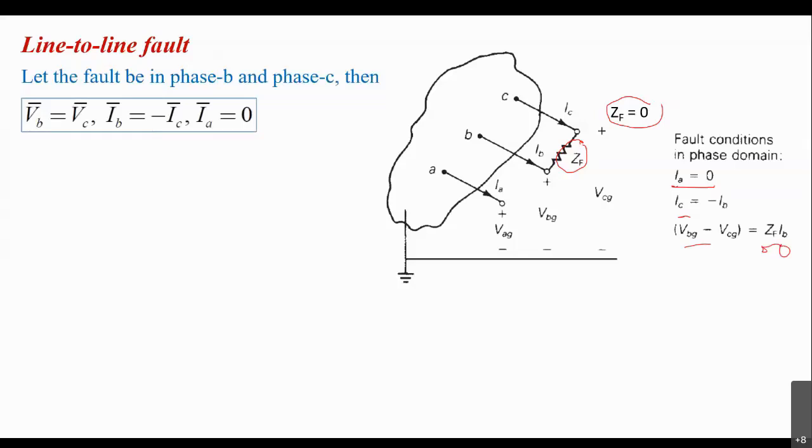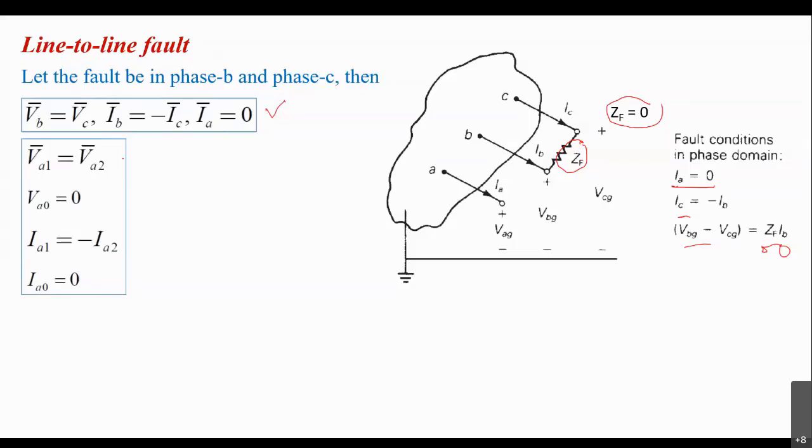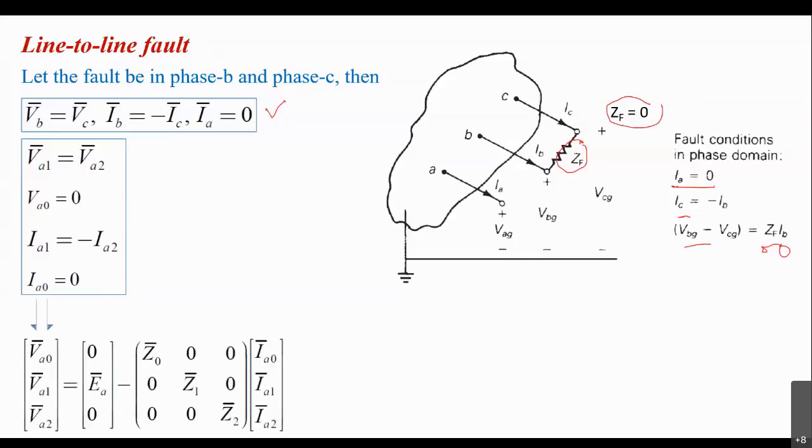Under that condition, I can say VB equal to VC, IB equal to minus IC, and IA equal to 0. If I substitute the sequence components in these three equations, I'll find VA1 equal to VA2, VA0 equal to 0, IA1 equal to minus IA2, and IA0 equal to 0.